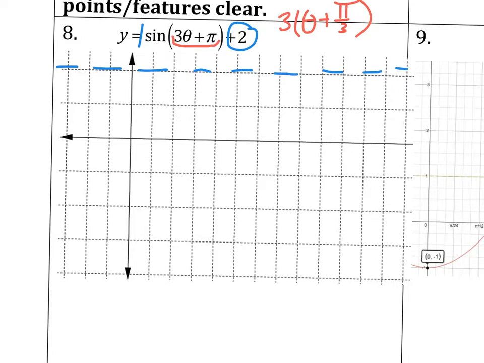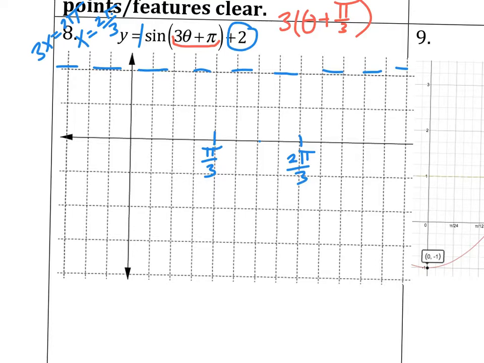My period, so 3x is equal to 2 pi. That means that x equals 2 pi over 3. Okay, maybe make this 1, 2, 3, 4. Pi over 3, 1, 2, 3, 4. 2 pi over 3, just kind of arbitrarily for the sake of nice and easy.